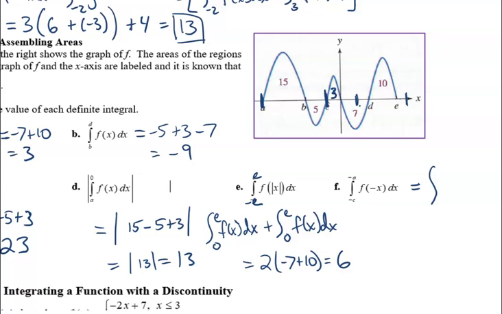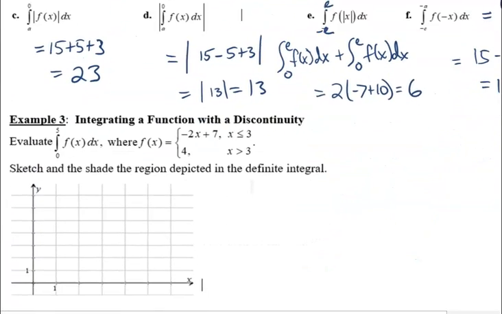Negative c to negative a would be going from here to here, so I instead want to integrate over this interval from a to c of f of positive x. And then that is 15 minus 5, which is 10.